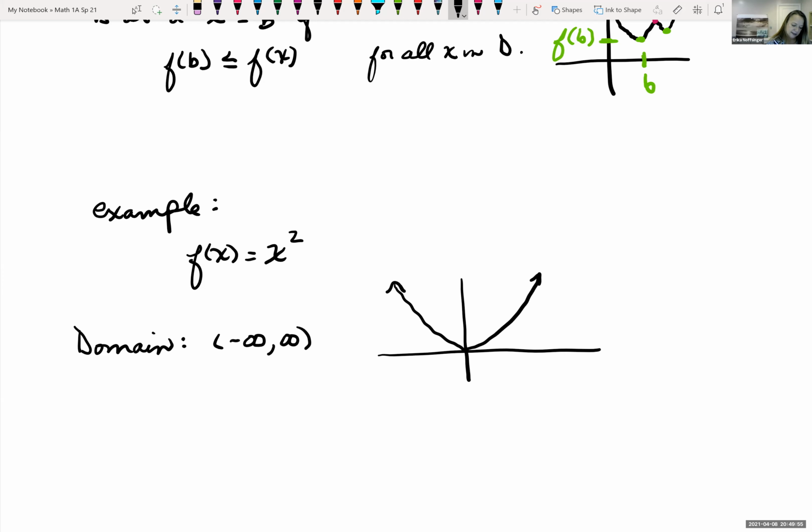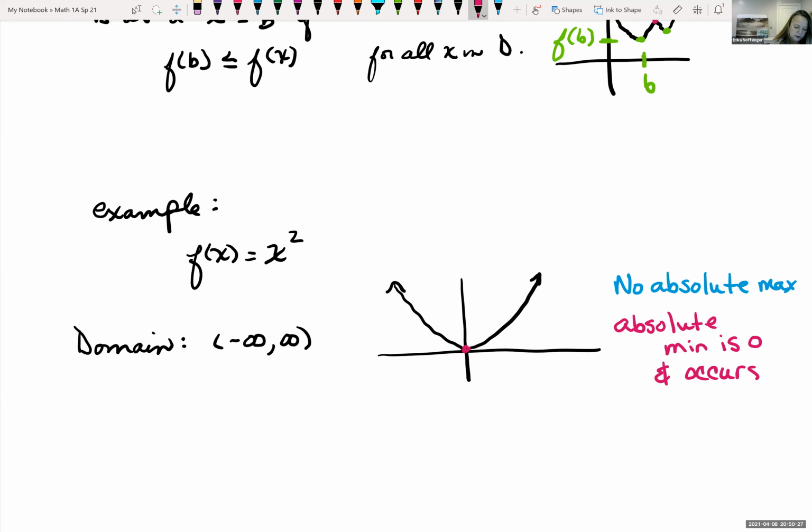And in this case, this graph does not have an absolute max. So there's no absolute max. But it does have an absolute min. The absolute min in this case is 0 and occurs when x equals 0.